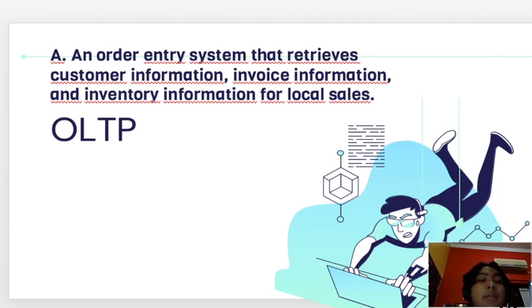OLTP will be appropriate for this activity, because the activity requires relatively small data and can still be accommodated with the OLTP server, as it is more of a transactional activity.